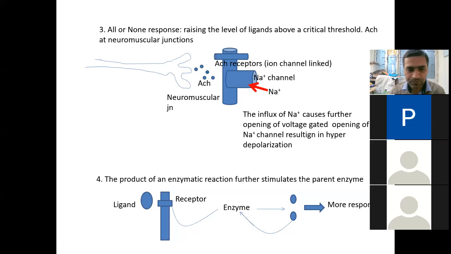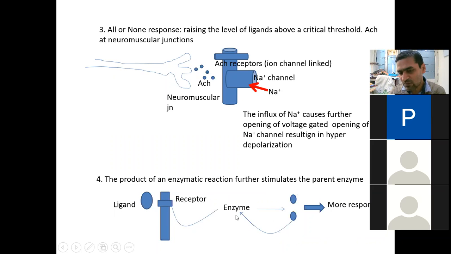It is not linear. And the fourth situation is that the product of an enzymatic reaction further stimulates the parent enzyme. That means, this is a typical example where a ligand has acted on certain receptors, and if receptors are linked to enzymes, the enzyme will lead to the conversion of a certain substrate into products. And here we say that one or more products are again stimulating the enzymes.